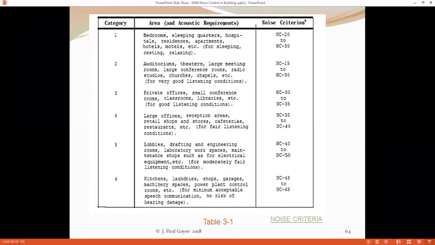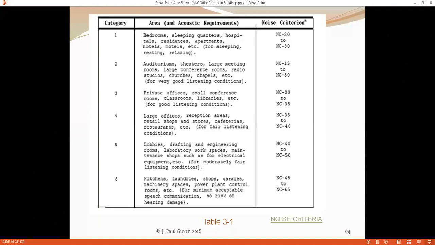And then category 6 is the noisiest environments in this system, kitchens, laundries, power plants, etc. Minimum acceptable speech communication, but no risk of long-term hearing damage. And so you would select an NC curve of 45 to 65, something like that.